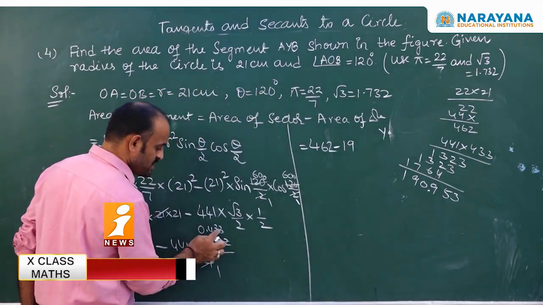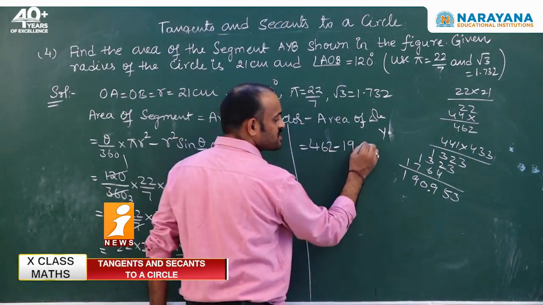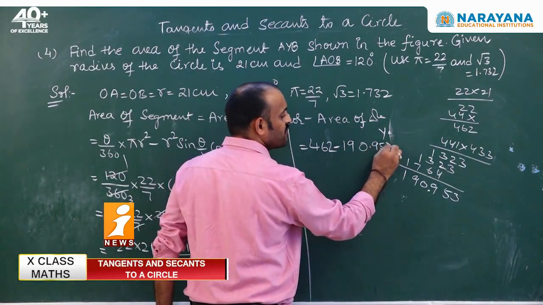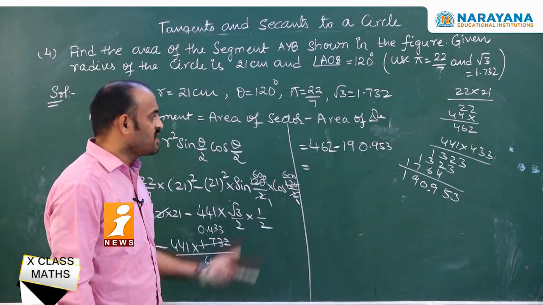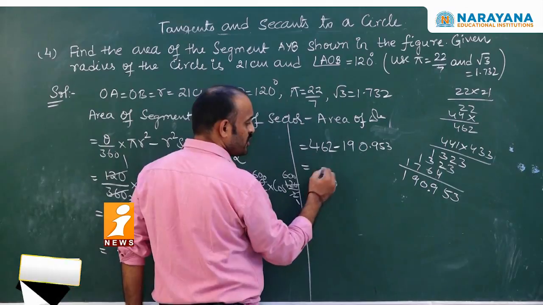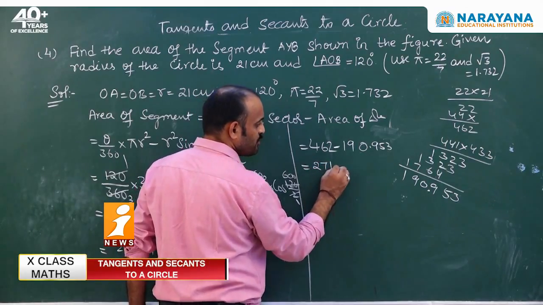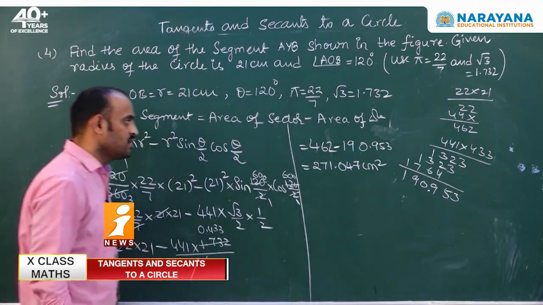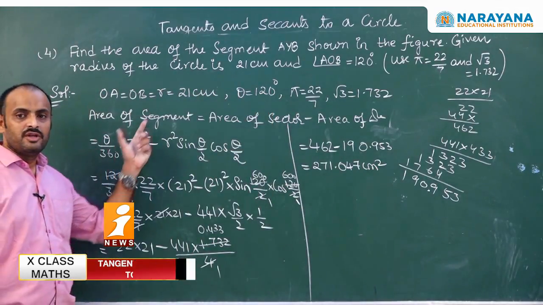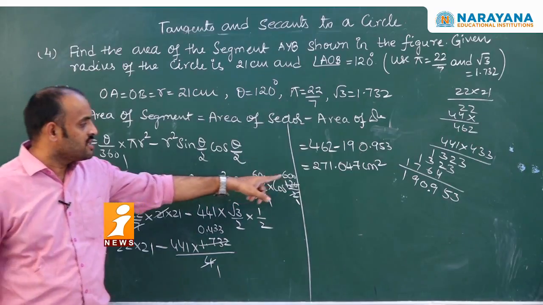Here we have 3 decimal places, right? So I kept 3 decimal places: 190.953. 462 minus 190.953 gives 271.047 centimeter square.